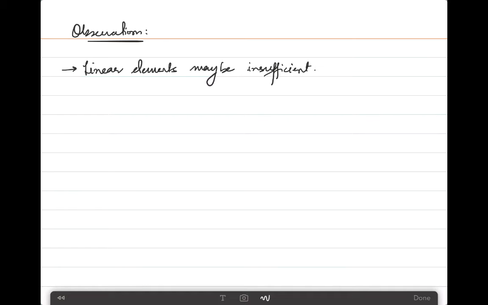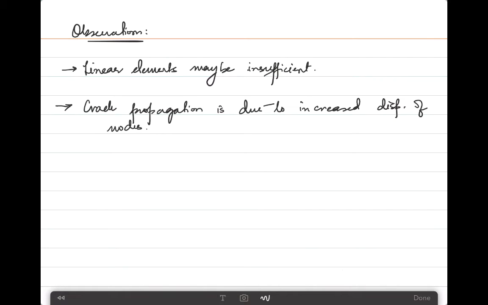Now, the second one is that crack propagation is due to increased displacement of nodes. Therefore, a lower number of nodes may overestimate the crack behavior or the crack length. For example, let's have a look at this cohesive zone.